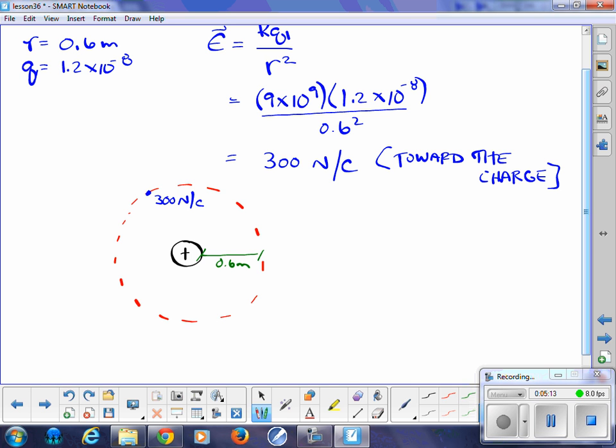And that could be either repulsion or attraction. In gravity's case, it's always drawn toward the center, because gravity is always attraction. Here, with a charged particle, if it's positive, it could be pushing away at 300 newtons per coulomb, or it could be attracting. So it's an either-or situation. That's how you would interpret the answer.